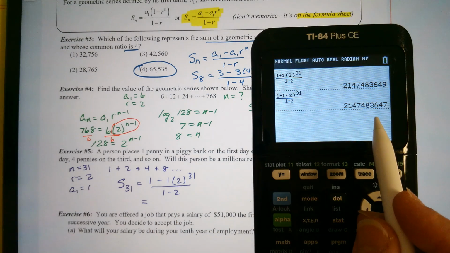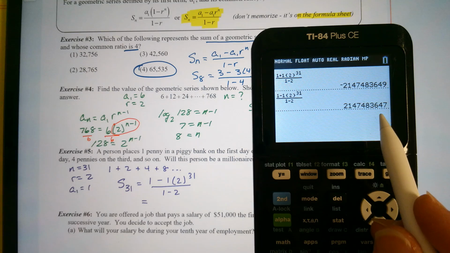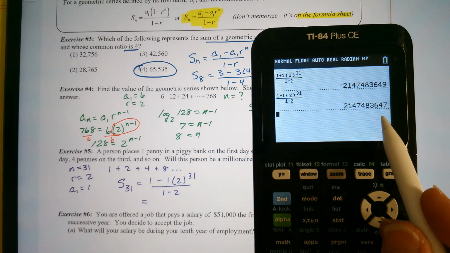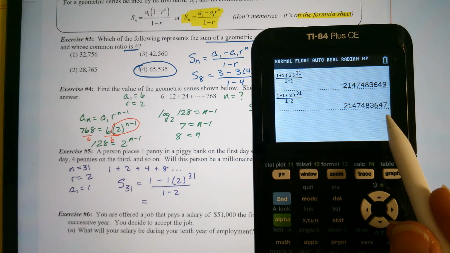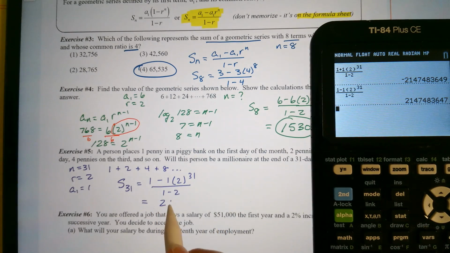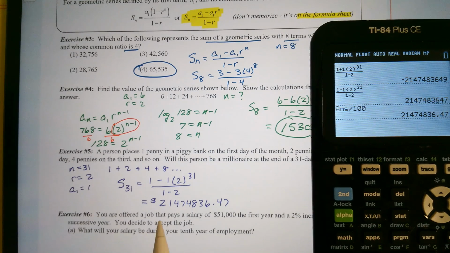Okay, so these are pennies, all right? So that means if I divide it by 100, this would give me dollars and cents. So this would be 21474836.47. Sure I didn't miss any digits here. 7483647.